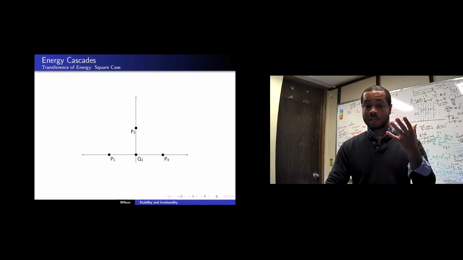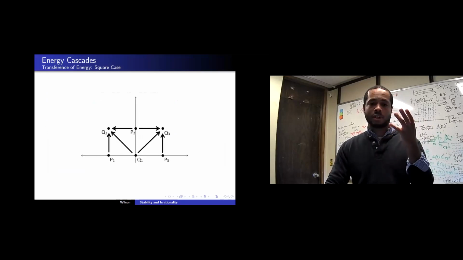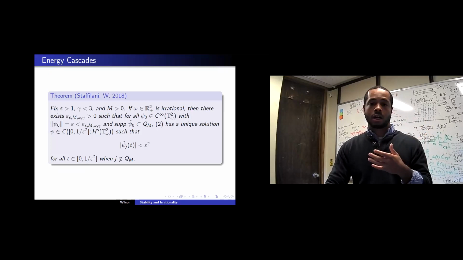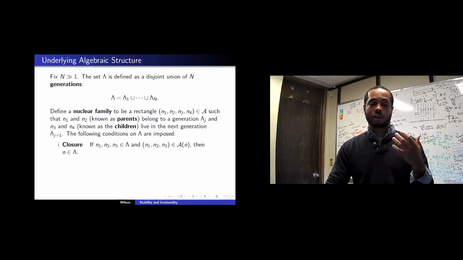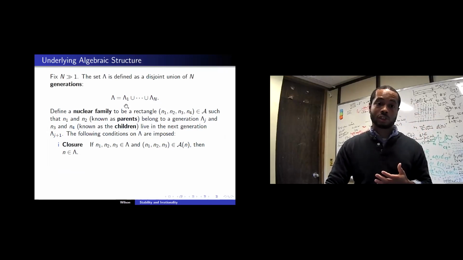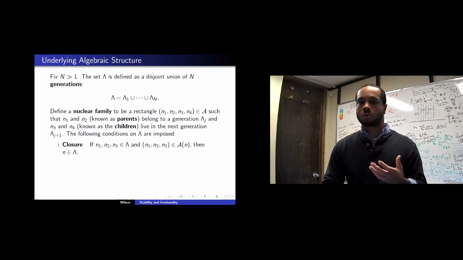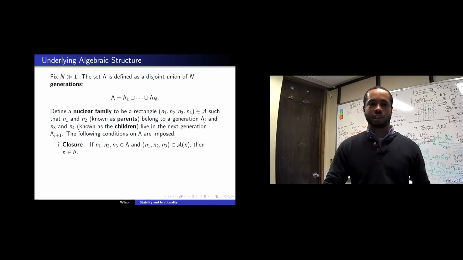This is a very simplified diagram of what's happening and how you pass from low modes to high modes in the rational case. In the paper of Gigliola et al., they construct these very confusing families and generations, and they show that if you're localized in one generation, let's say lambda 1 of indices, then you eventually pass to a larger or further generation of indices.